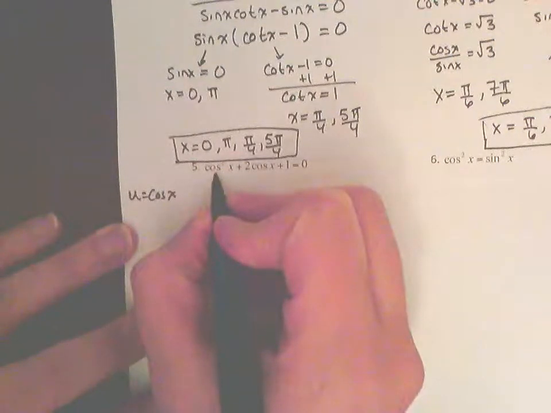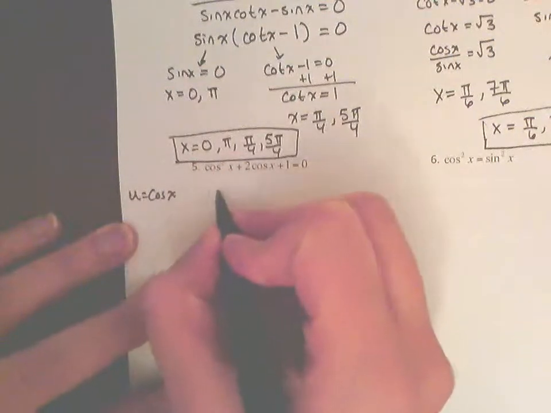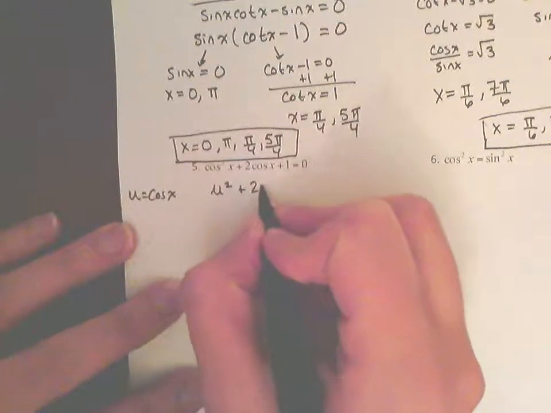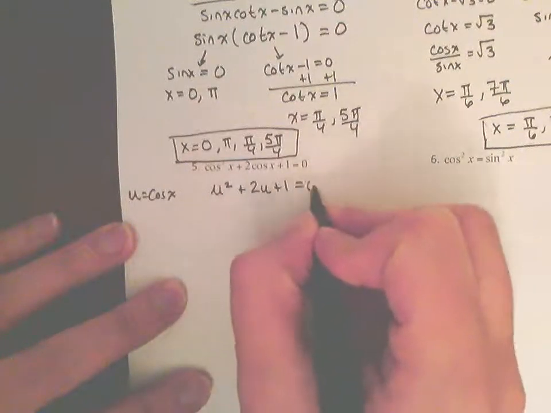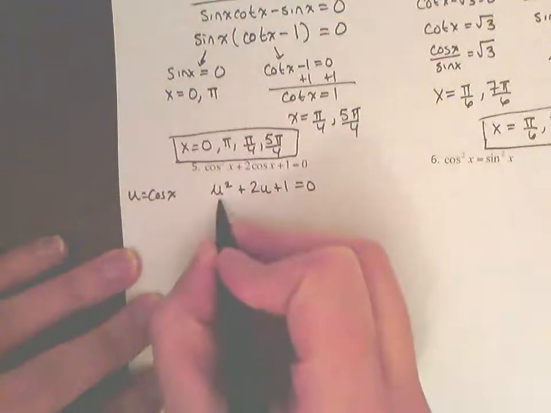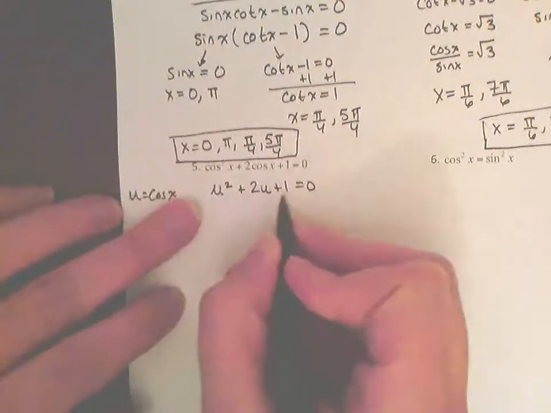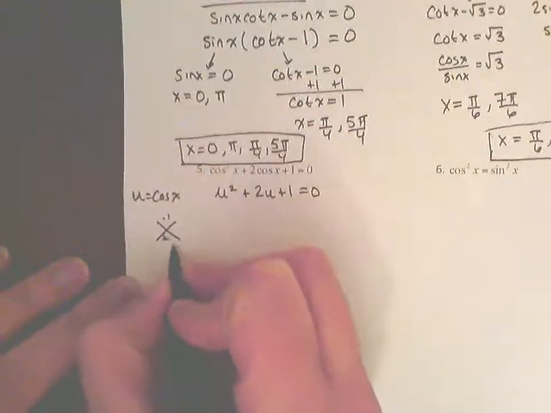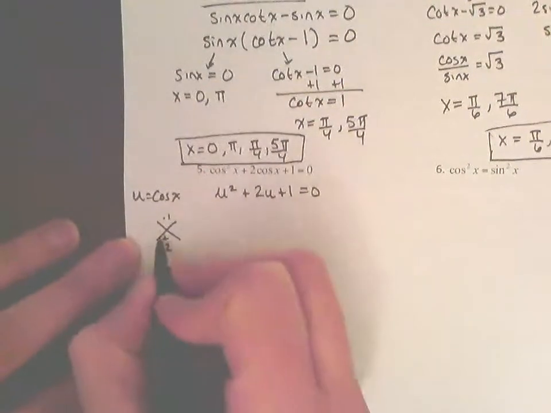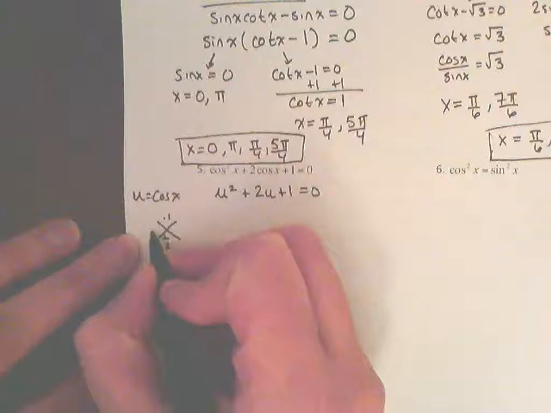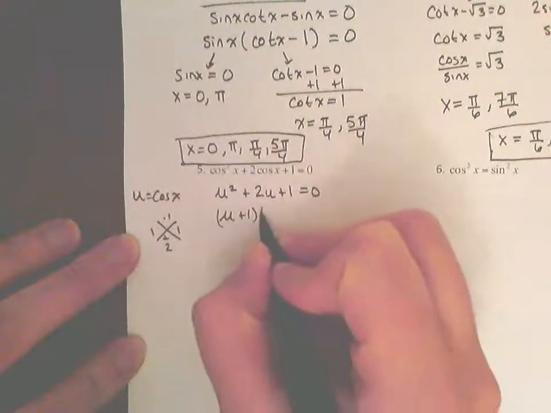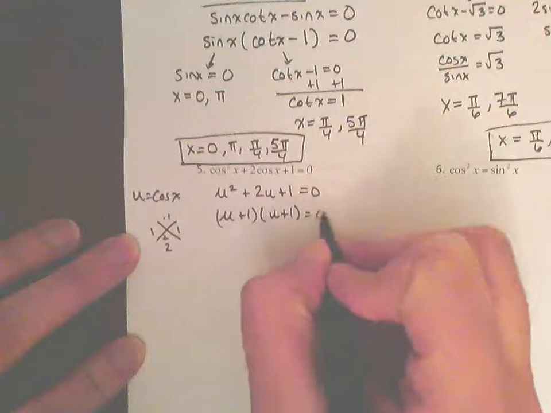So if u is cosine of x, then this side is u squared plus 2u plus 1. When I factor this, what are two numbers that multiply to 1 and add to 2? That's going to be 1 and 1. So we end up with u plus 1 and u plus 1 equals 0.